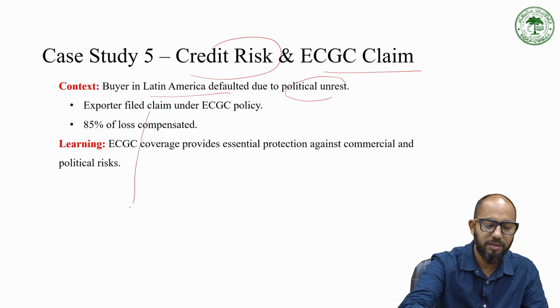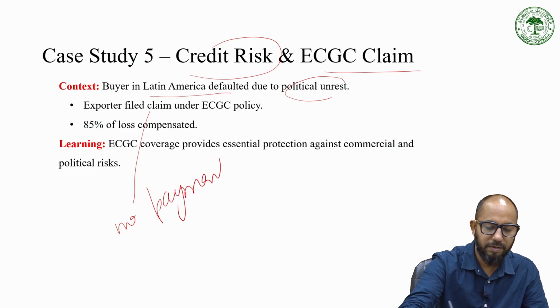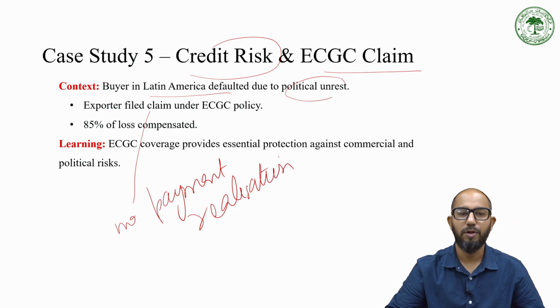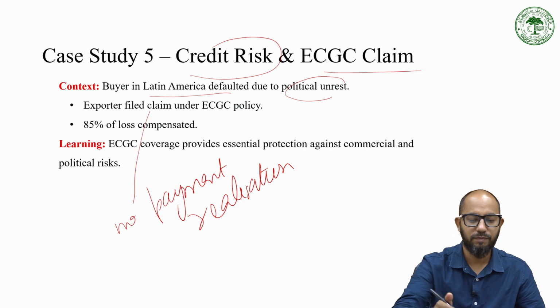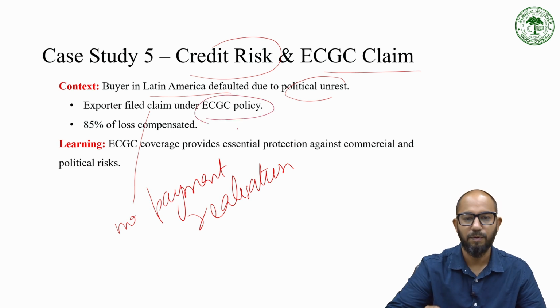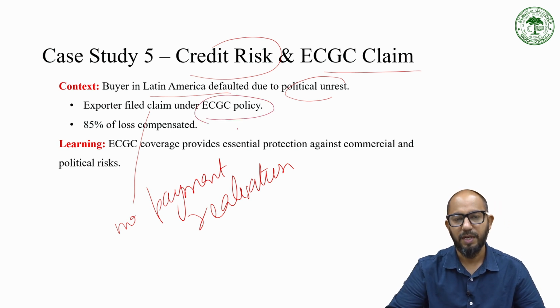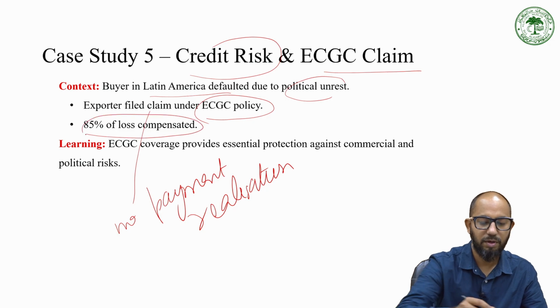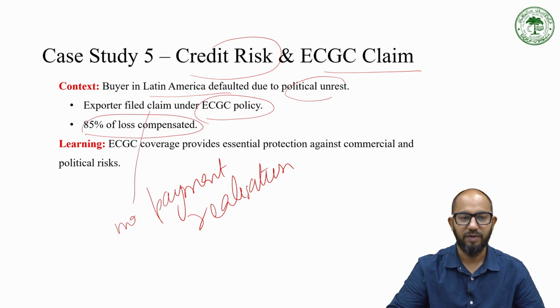It means there is no payment realization. Due to political unrest, the exporter has filed a claim under the ECGC policy, which provides benefit to the exporter in such types of immediate losses. Now, 85% of the loss has been compensated.